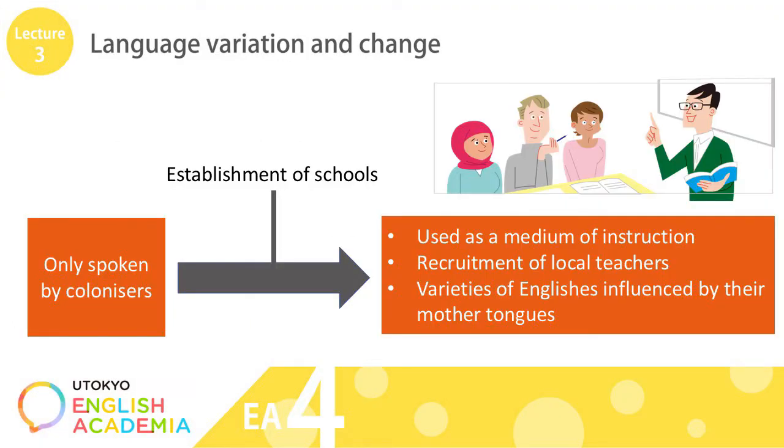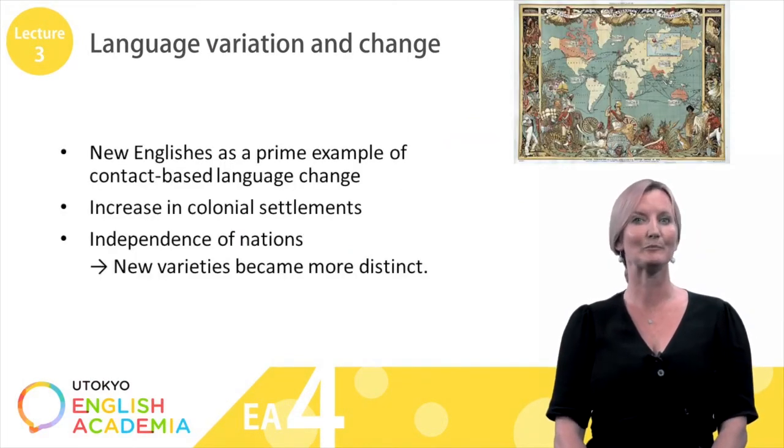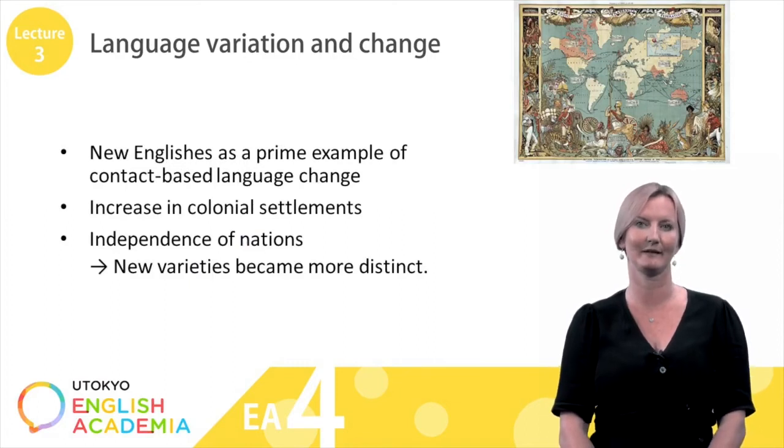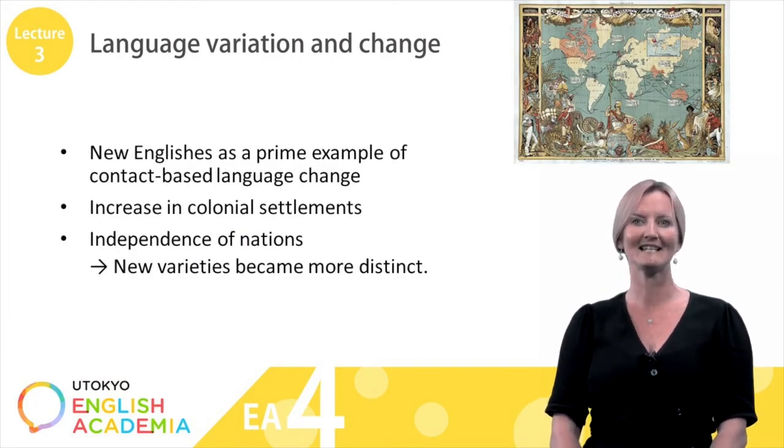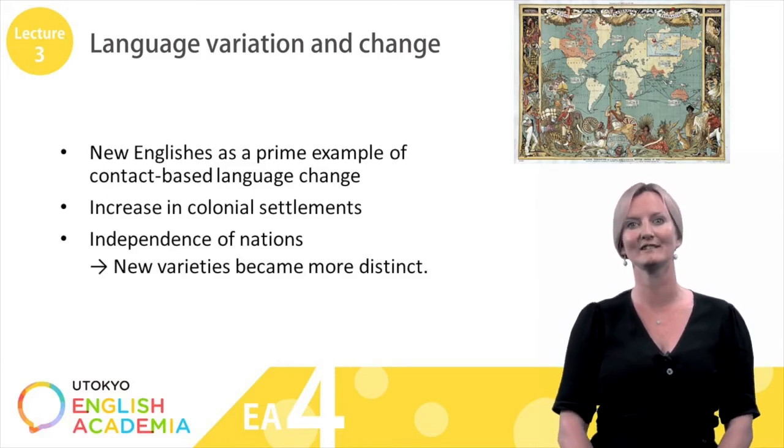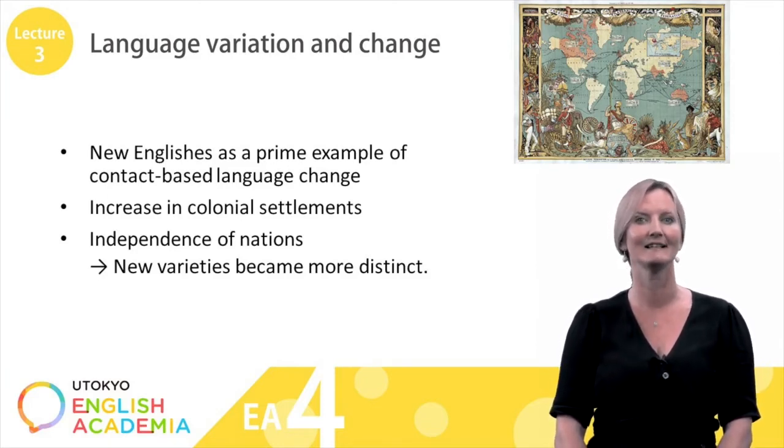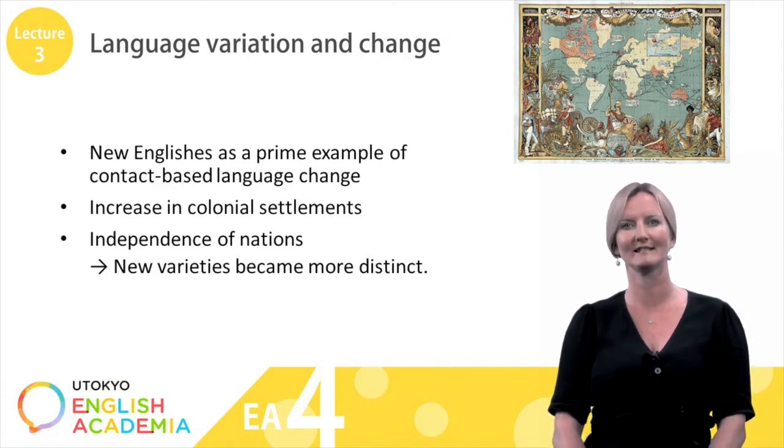In these post-colonial territories, English was initially only spoken by the colonisers, but once schools were established and English was used as the medium of instruction, and as time went on, local English teachers were recruited who used varieties of English influenced by their mother tongue, causing the differences to become more widespread. New Englishes are a prime example of contact-based language change. As colonial settlements increased and when these nations subsequently became independent, these varieties became even more distinct.